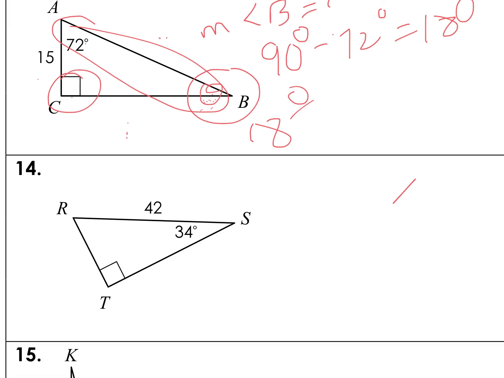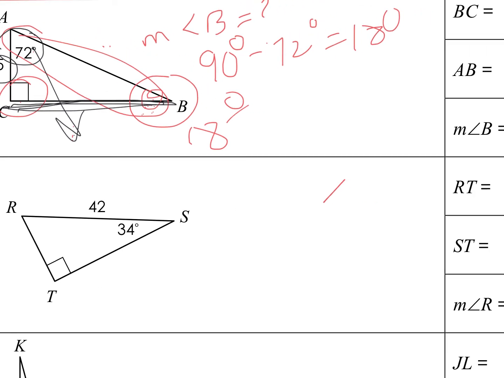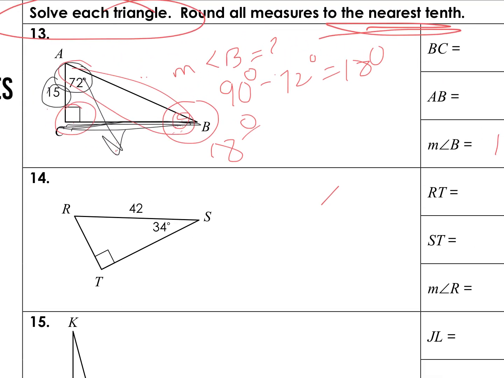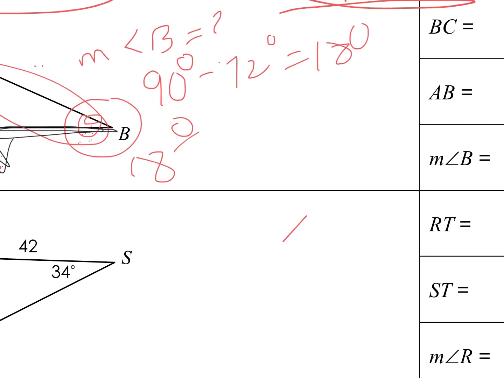So if I'm looking for CB, that side, I'm going to use the 72-degree angle, so CB becomes the opposite side. And then I'm going to use 15 as the adjacent side. So to find CB, that'd be a tangent function.